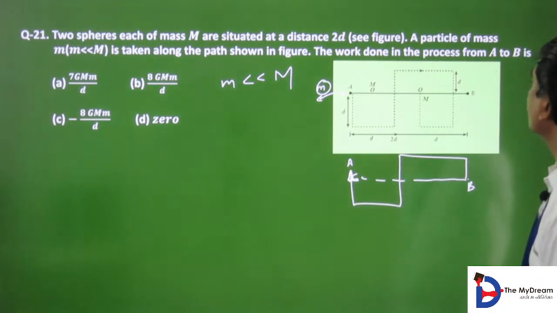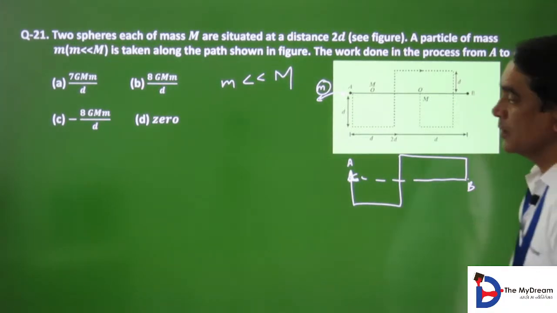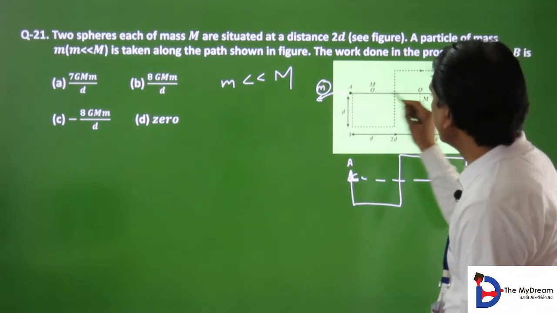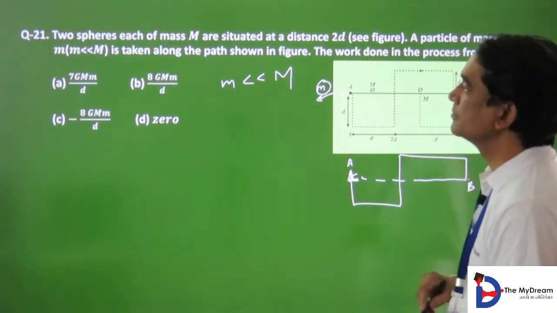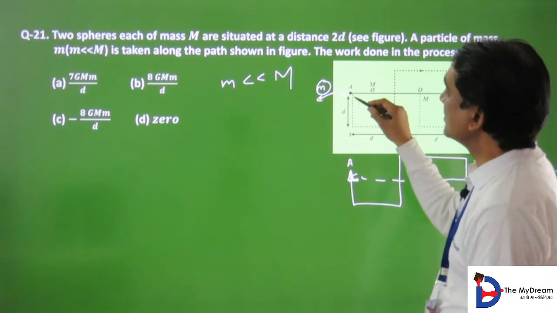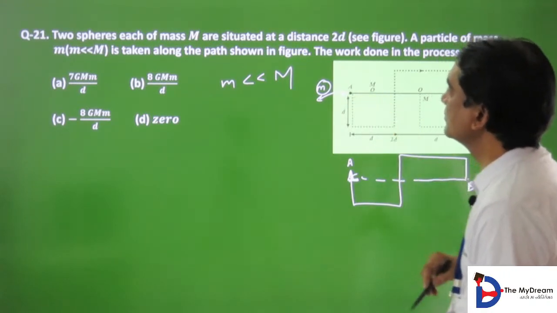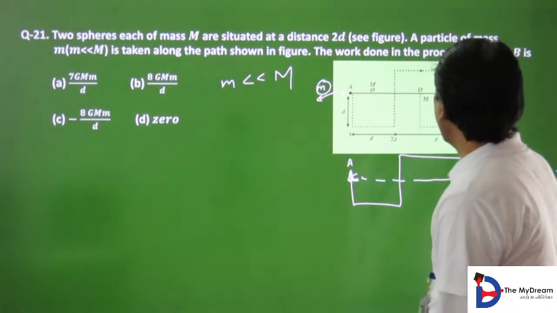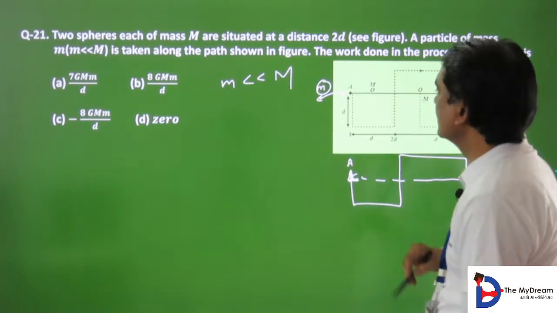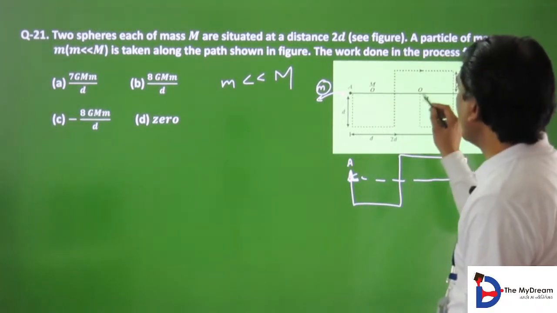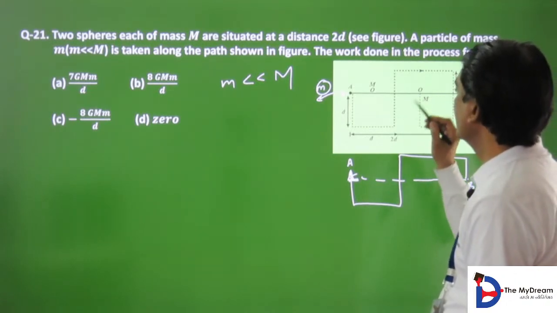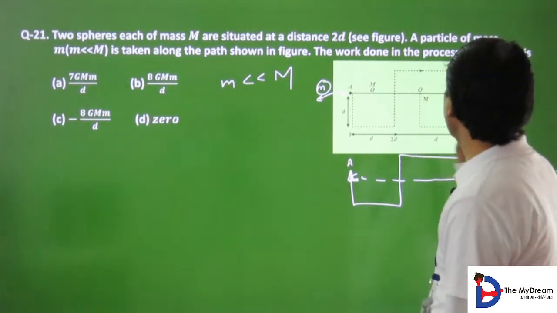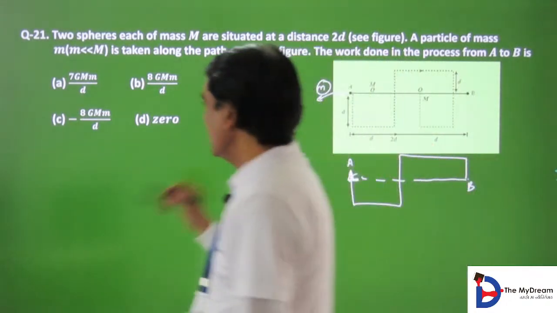So the work done in the process from A to B, as you see, the mass of the spheres are same. The test mass, that is small m, as it reaches here by following this path, then the potential at B with respect to A, or potential at A with respect to B, they are same.